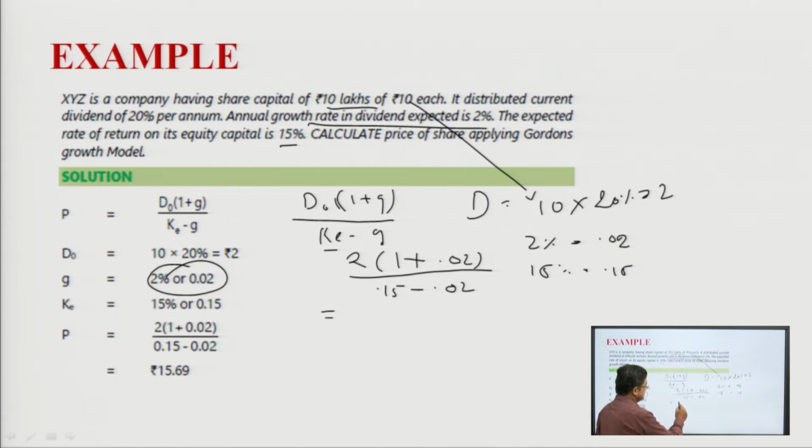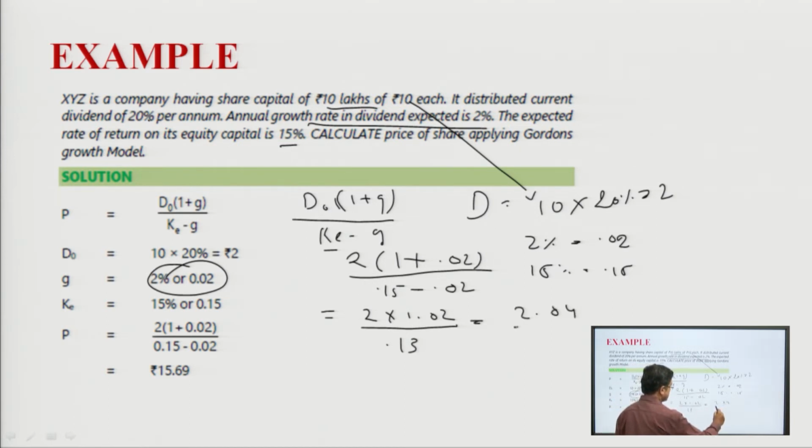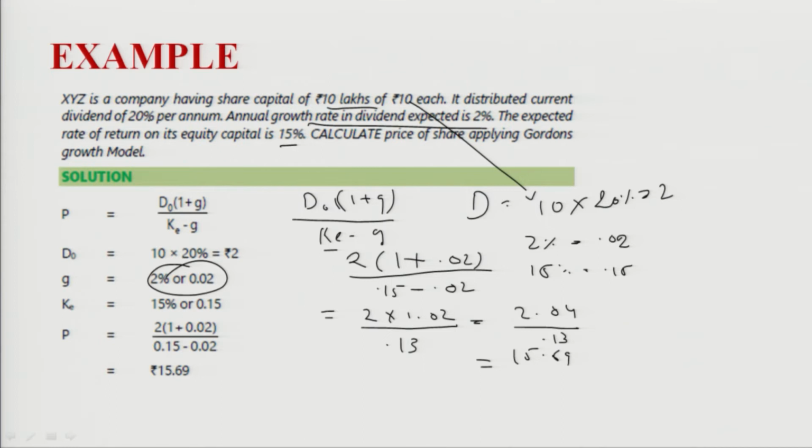Now, 2 multiplied by 1.02 divided by 0.13. When we calculate it, the answer will be 15.69.